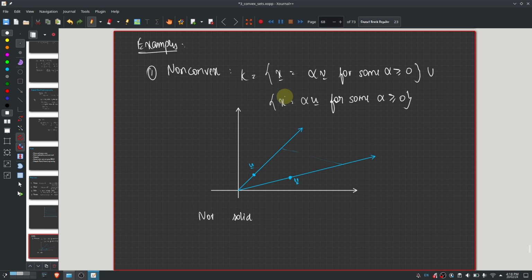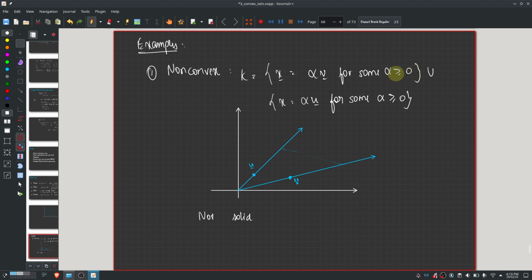So suppose that I take a sequence consisting purely of points on this particular ray. All right, so there'll be alpha 1 v, alpha 2 v, alpha 3 v, and so on, where these alpha i's should eventually converge. If the sequence converges, then the alpha i's should also converge. In this case, can it converge to a point outside this ray? Because you're taking a sequence of alpha i's, and each alpha i is greater than or equal to 0.